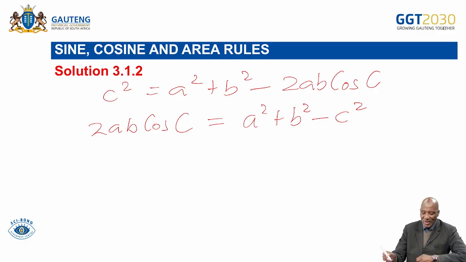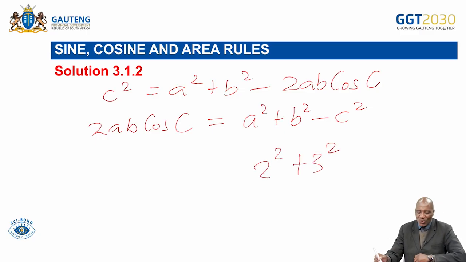Okay? We can see these numbers are squared. It looks like a difference of 2 squares, but it's not really a difference of 2 squares. Allow me to pause there for a moment and look at this. 2 squared plus 3 squared. I want to combine those. If I combine these, I'm going to say (2 plus 3) squared.